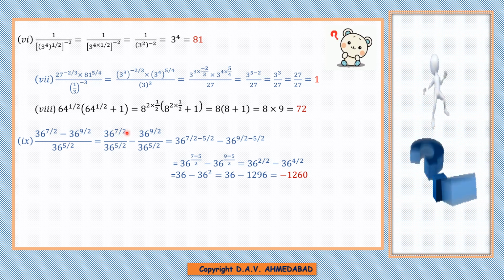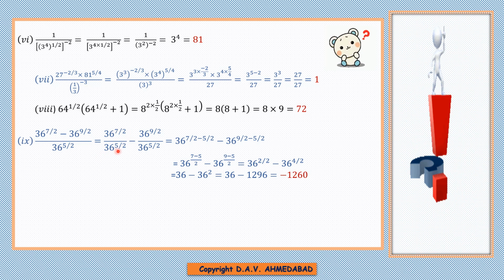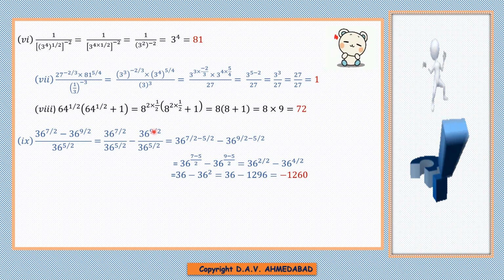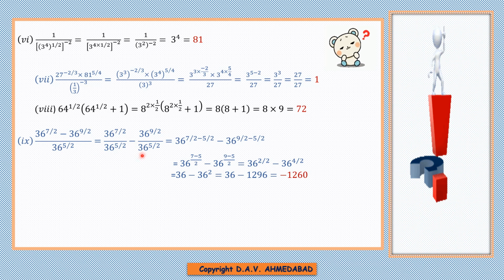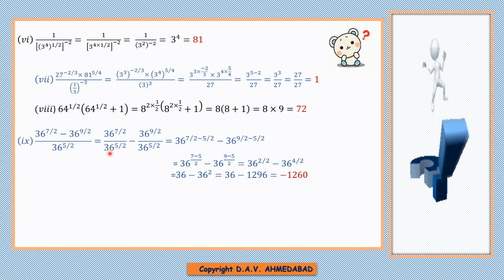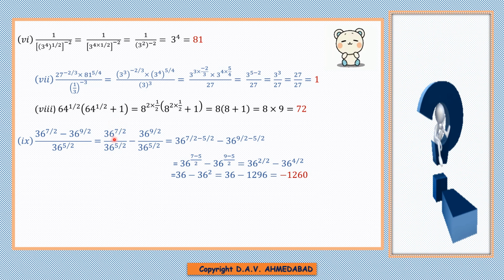36 raised to the power 7 by 2 divided by 36 raised to the power 5 by 2 minus 36 raised to the power 9 by 2 divided by 36 raised to the power 5 by 2. Now we can use the law because now bases are same and numbers are in division, right?